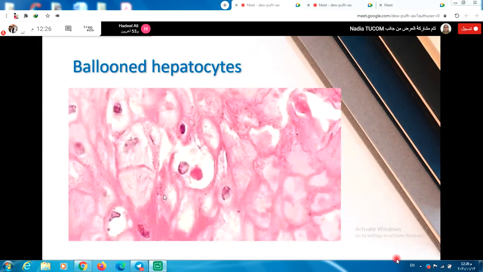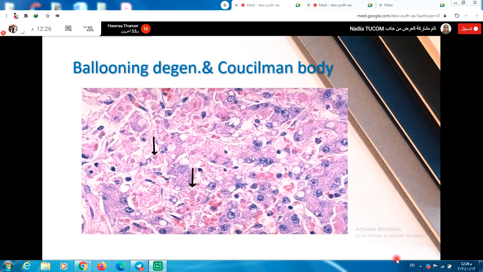So ballooning degeneration or ballooned hepatocytes is not specific. It can be seen in drug injury or toxic injury, in drug-induced hepatitis, and also in viral hepatitis or any other type. This is the ballooning again: degeneration, swelling, and edema of the hepatocytes.